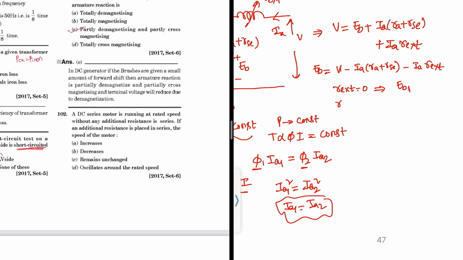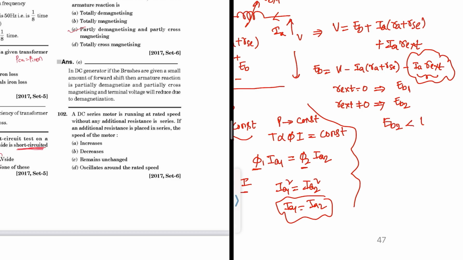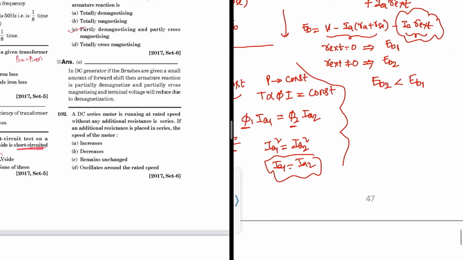Now R external is not 0, the second case, so this extra drop will be there. Let it be EB2. Because of this extra drop, EB2 will be less than EB1.